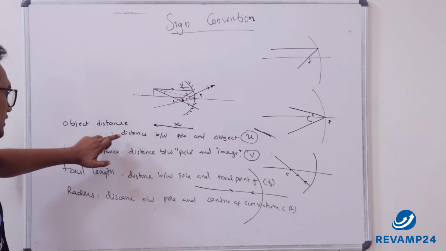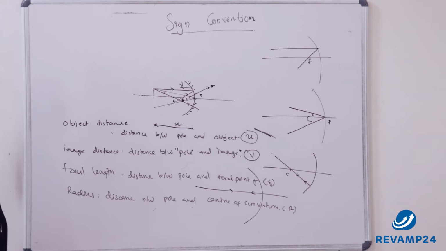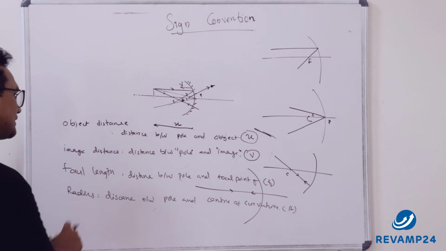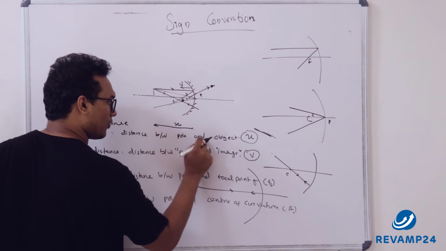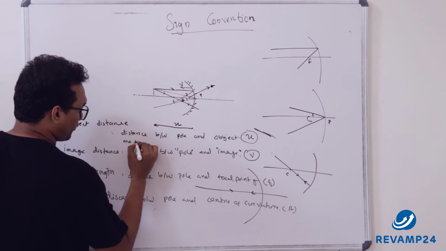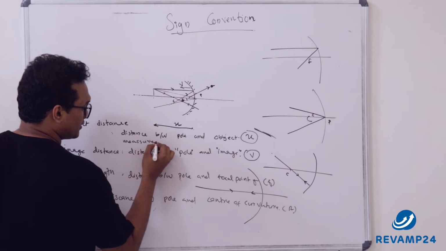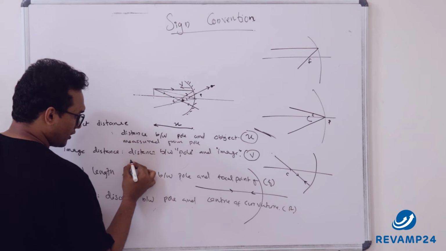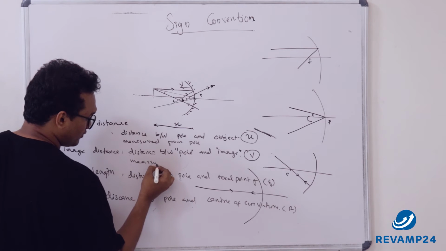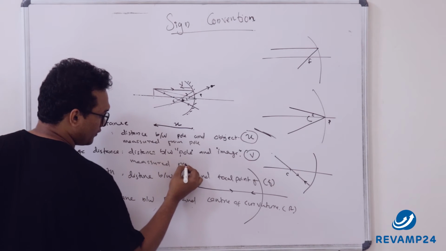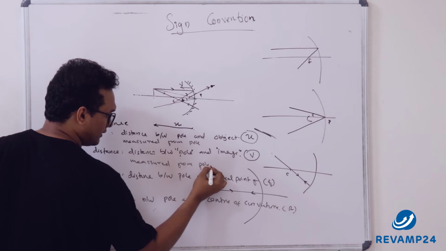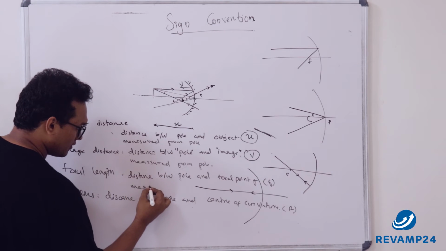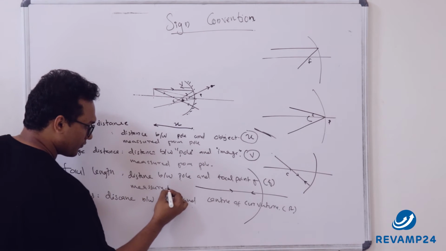Okay, now all these points are only giving magnitude, right? What would be the direction? Distance between pole and object, measured from pole. This is very important, measured from pole. Here also measured from pole. Here also measured from pole.